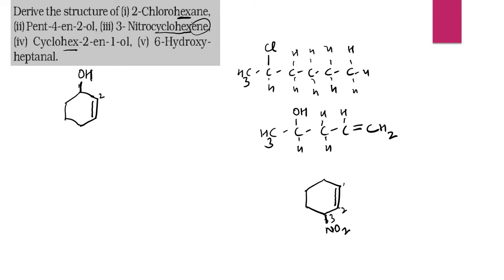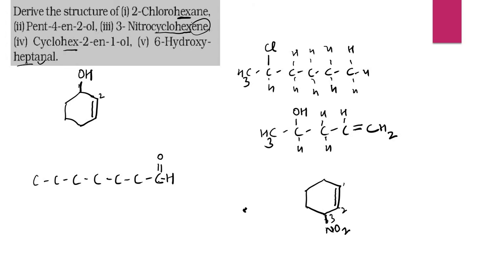Now next is 6-hydroxyheptanal. Hept. So meth, eth, prop, but, pent, hex, hept. Okay, an means all single bond. Then al means aldehyde group is there. So the last one I'll make it as aldehyde. You can write CHO. Now 6-hydroxy.